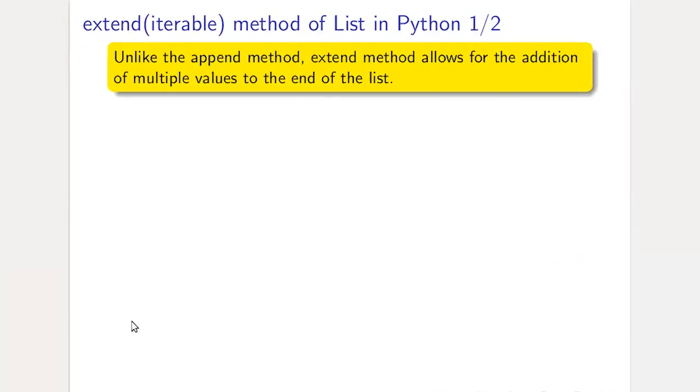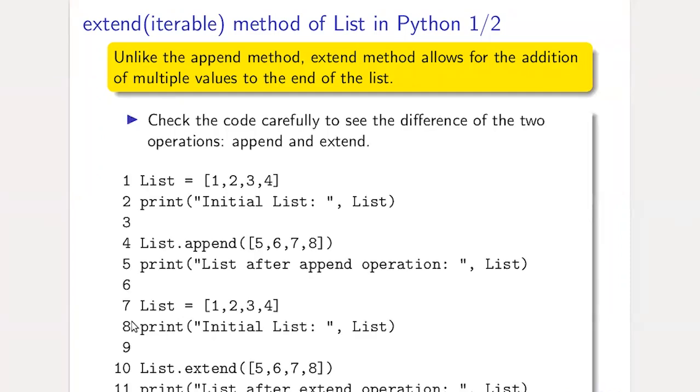Now, the append method allowed you to append one item. We have another method called extend, which allows us to add multiple items to the end of the list.